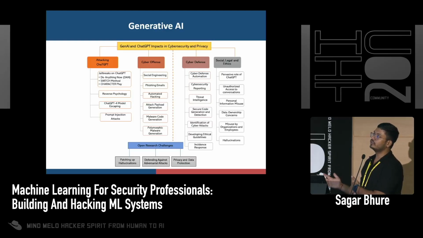So on the good side, generative AI is used for process improvements and productivity of any engineer. It is also used for phishing, writing more sophisticated phishing emails that bypass spam filters, more sophisticated than what humans used to write.